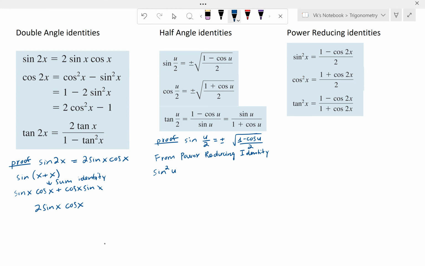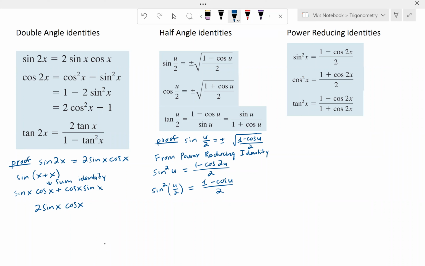Sine square u is 1 minus cosine 2u over 2. And here we can divide the angle by 2. We get sine square u over 2 is 1 minus cosine u over 2.